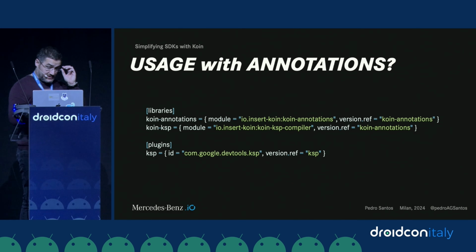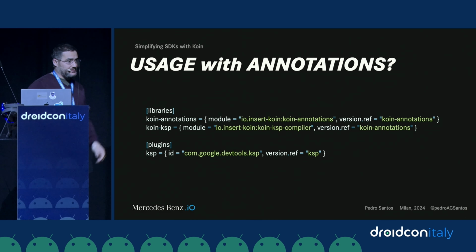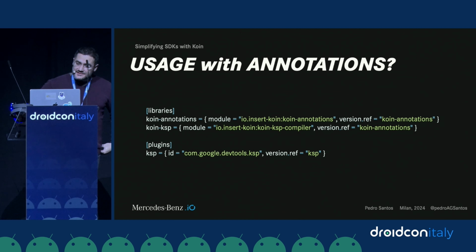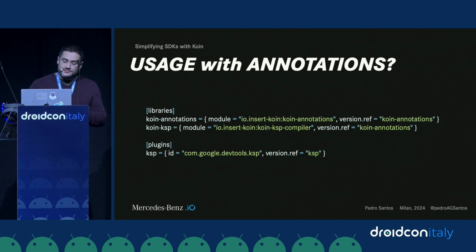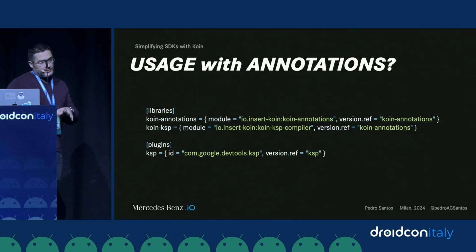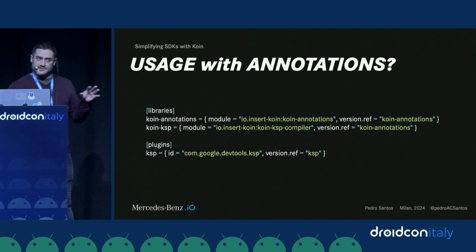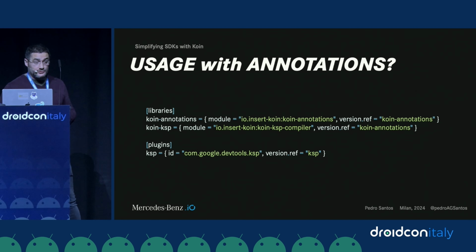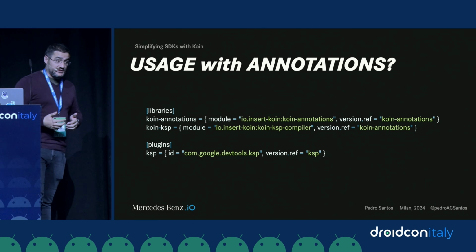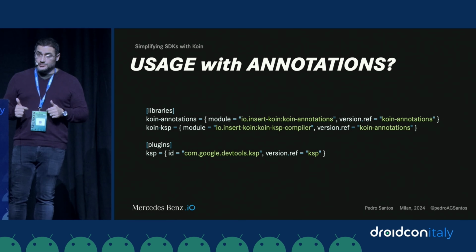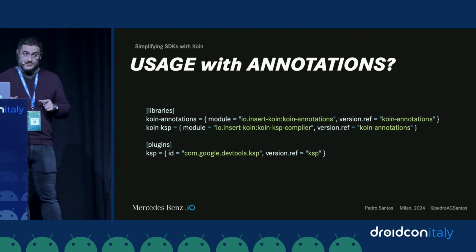To bring annotations, you will need to bring another dependency. Now, I think here there is one thing that we need to slow down even more. We're working with an SDK, and this is going to be integrated in different apps. Some apps might not use annotations. If you do this to your SDK, you will be forcing all those apps to also use annotations.